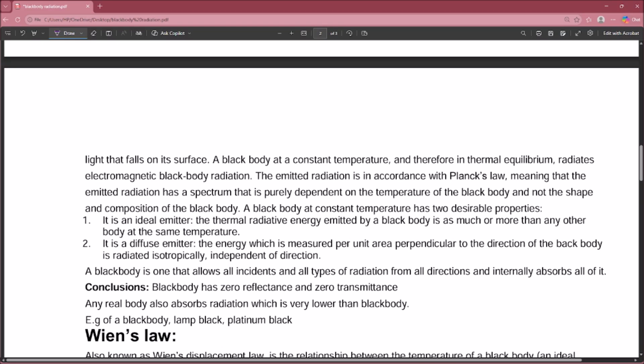A black body at a constant temperature, and therefore in thermal equilibrium, radiates electromagnetic black body radiation. That means after absorbing all radiation, after some time it starts radiating, and this radiation is called black body radiation.